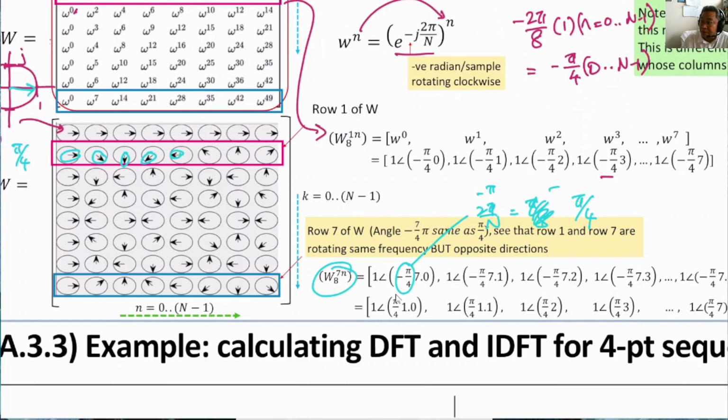So pi over 4 is here. Here we have k equals 7, n equals 0. So we are substituting these values here to produce this guy. So if you compare the coefficients, the first one is 0, second one is 7, 14, 21. So can you see? 0, 7, 14, 21, and so on.